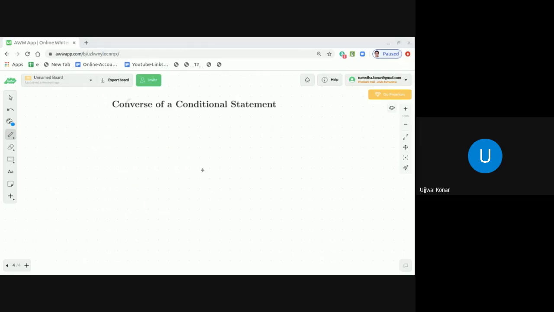So think about a conditional statement, Q implying P, which will be the converse of the conditional statement P implying Q. Correct or not?